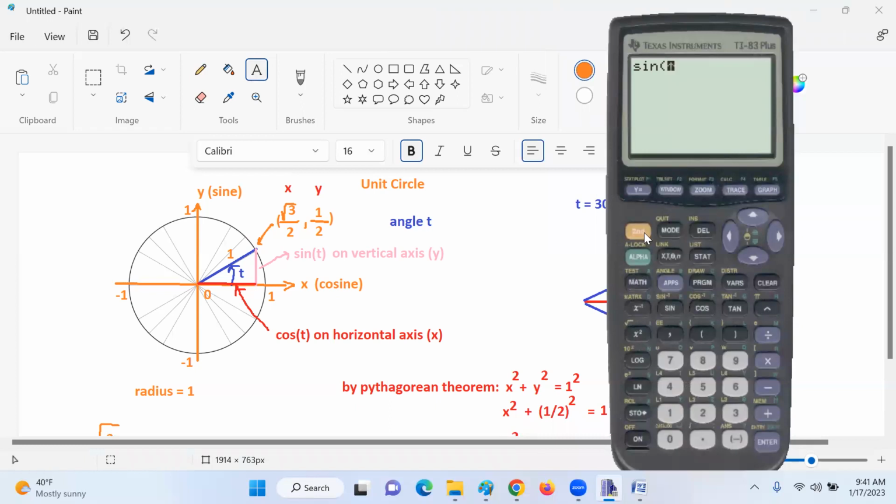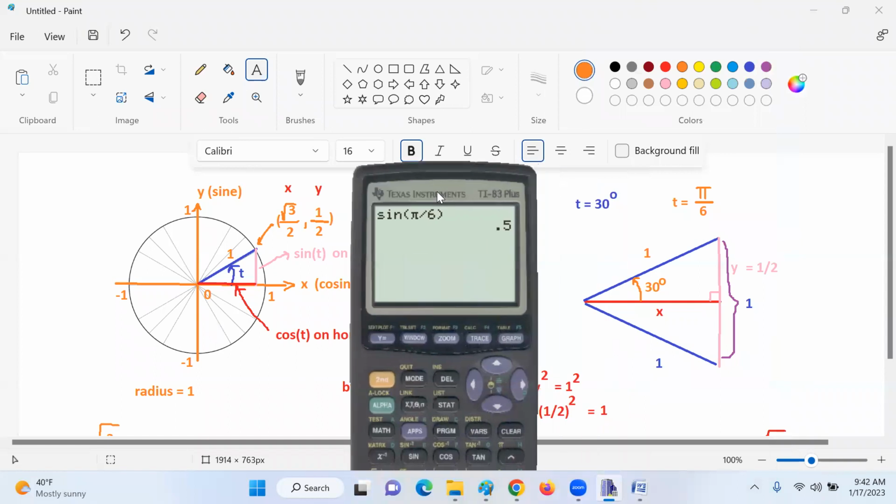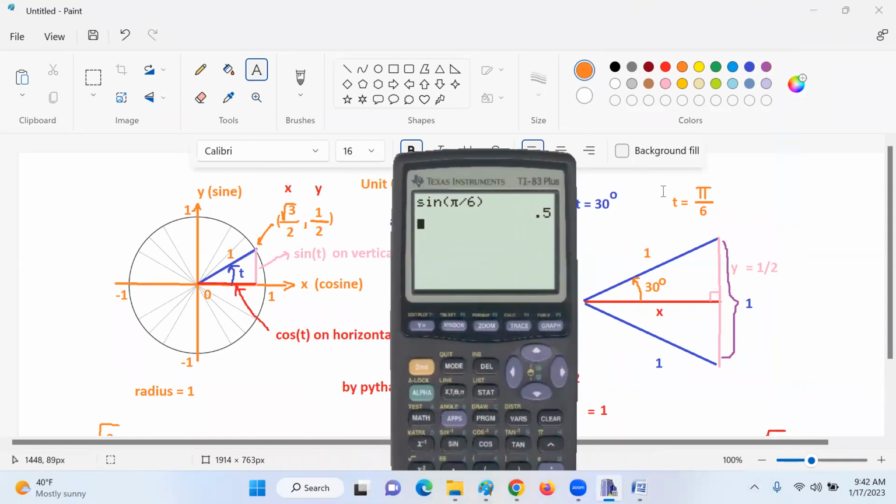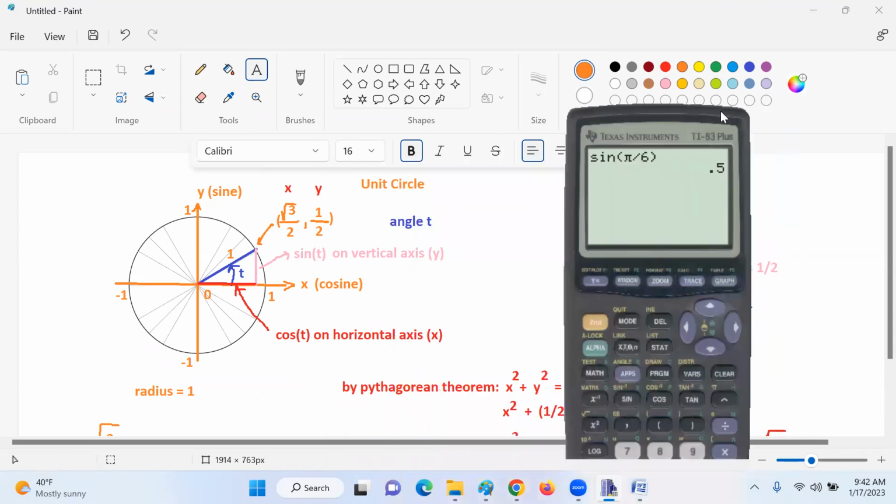So the pi on the calculator is second, and then hit a little format here, and then we divide it by 6. So when you close parentheses, you're going to get 0.5. Okay, so it's a different mode. Using degrees, that'd be 30 degrees; using radians, it's pi over 6.